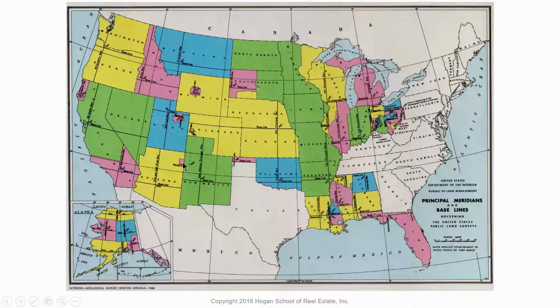But we don't really deal with that because we don't sell property on the Navajo Reservation. Take a look at California. We have 3 different surveys in California, the main one also including Nevada. Alaska also uses this government survey system. Hawaii does not. So in a large portion of the United States, this rectangular survey system is widely used.